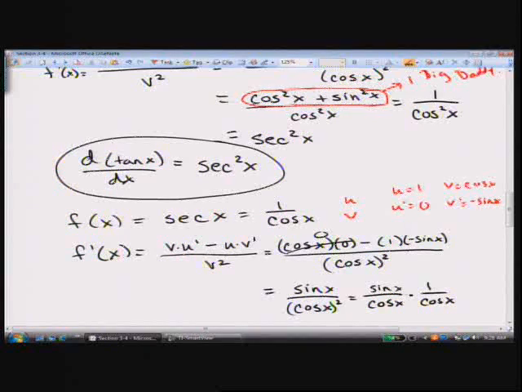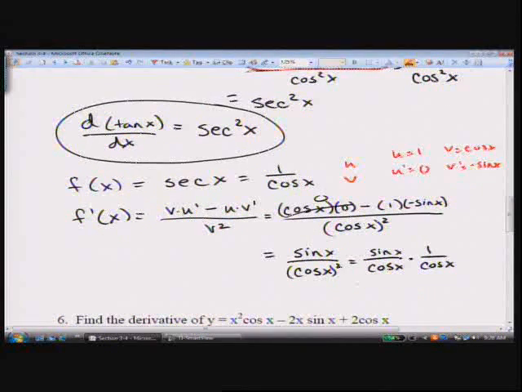And sine over cosine x is tangent, and 1 over cosine x is secant. So this is tangent x times secant x. But a lot of times you see it as secant x, tangent x. For some reason they put it in alphabetical order, I guess. So the derivative of the secant of x is secant x, tangent x.